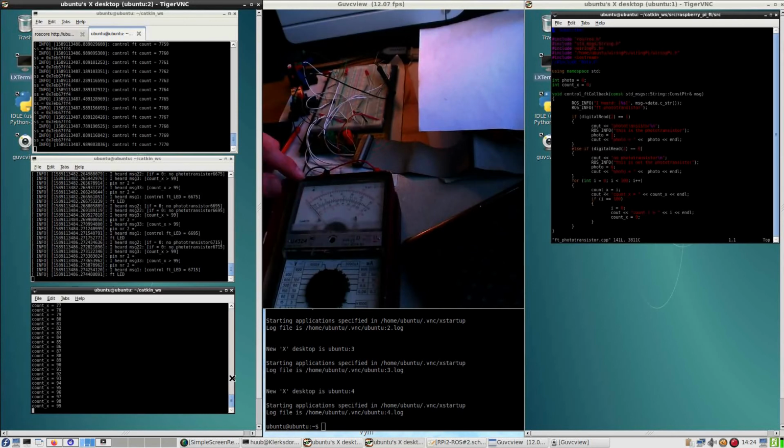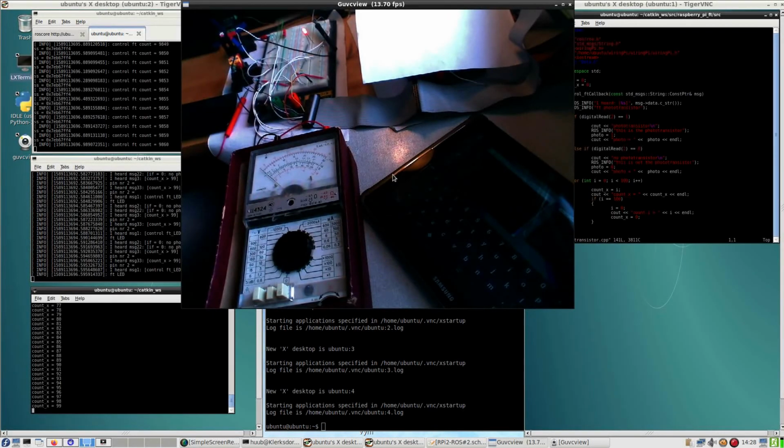If this is 2.5 volts, by the way, what is the voltage needed to be 1 on the Raspberry Pi? And that means that the solution is not there.